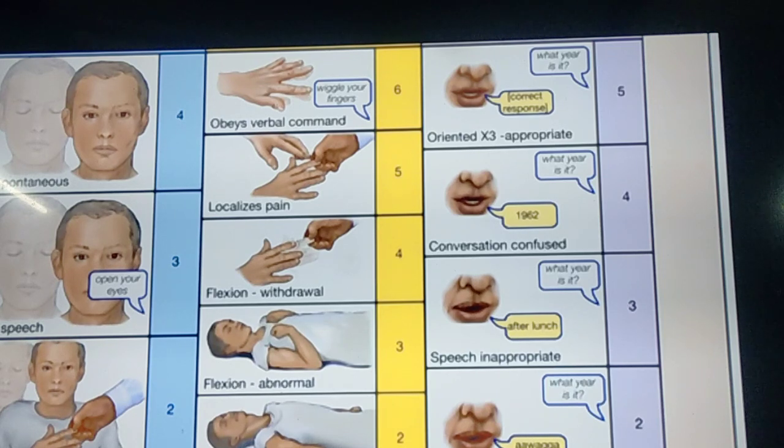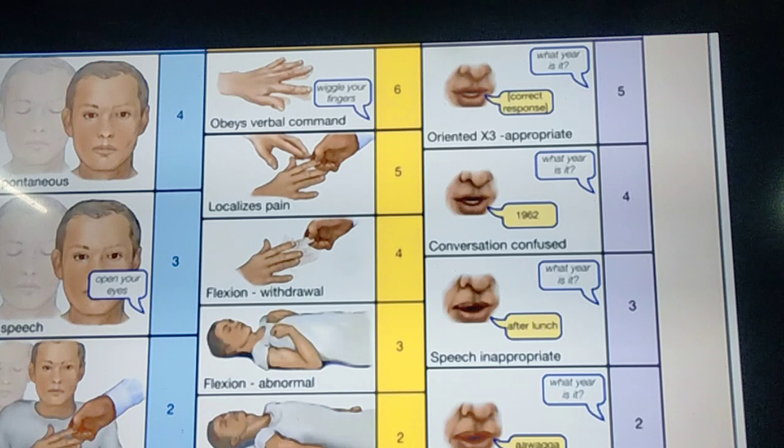But when we are checking for the verbal response, a few important things that we may have to note. One challenge that we may face is if the patient is dumb. Okay, means the patient cannot speak, naturally he is dumb, then that time it is a challenge to assess the verbal response.